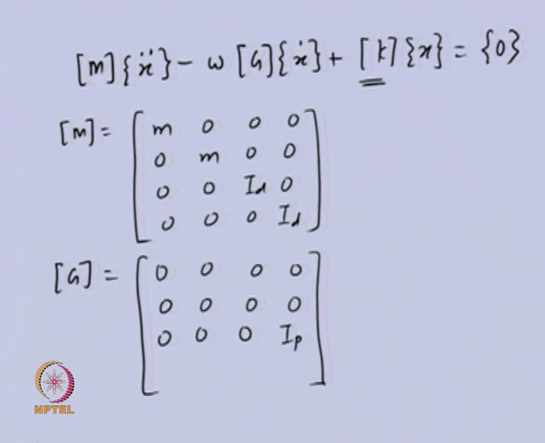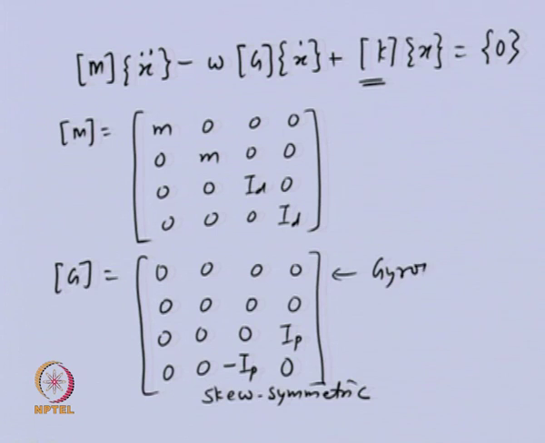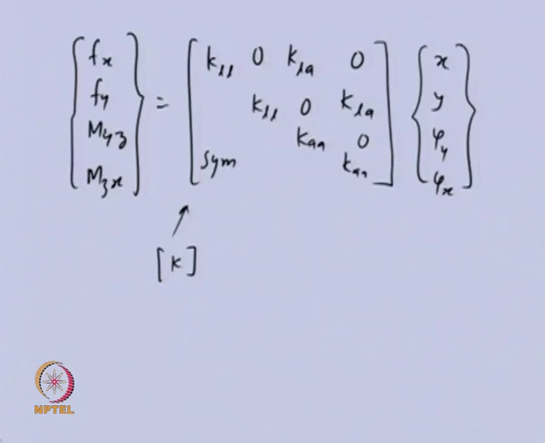This is Ip 0 0 minus Ip 0. So, basically this matrix is skew symmetric. This is the gyroscopic matrix. This is the mass matrix. This is the stiffness matrix.